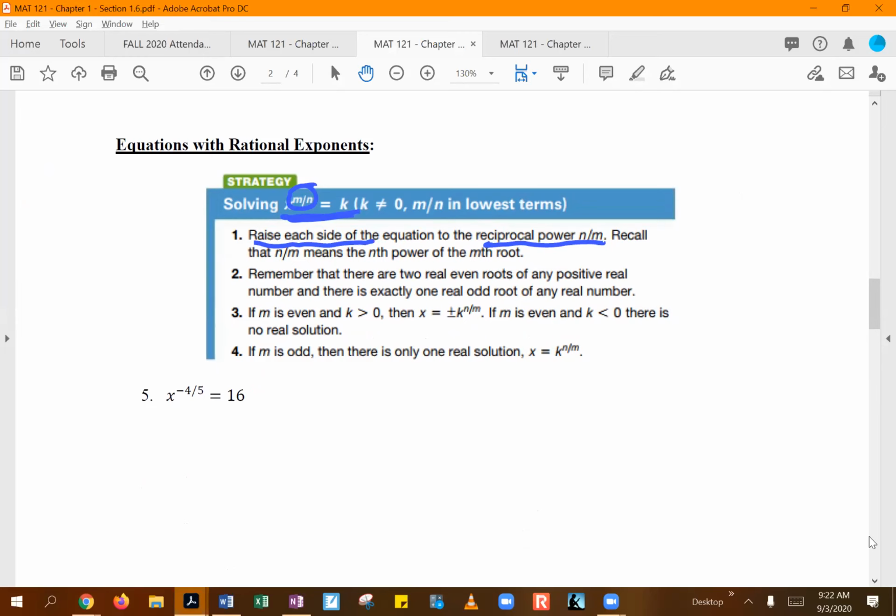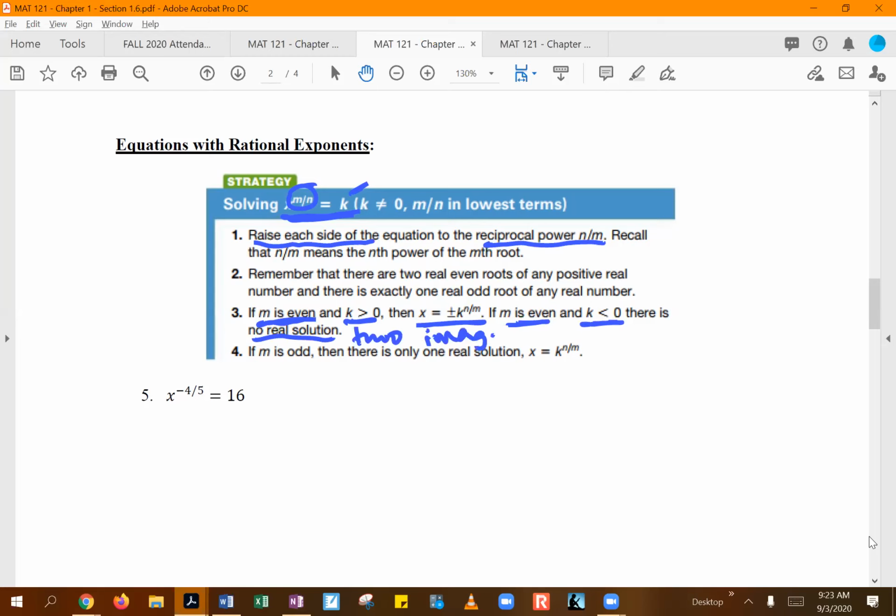And so the idea is, if your m is an even number and this k value here is positive, you will actually come up with 2 solutions. If your m is an even number but k happens to be negative, then they're telling you you get no real solution, but that also means you will have 2 imaginary solutions.